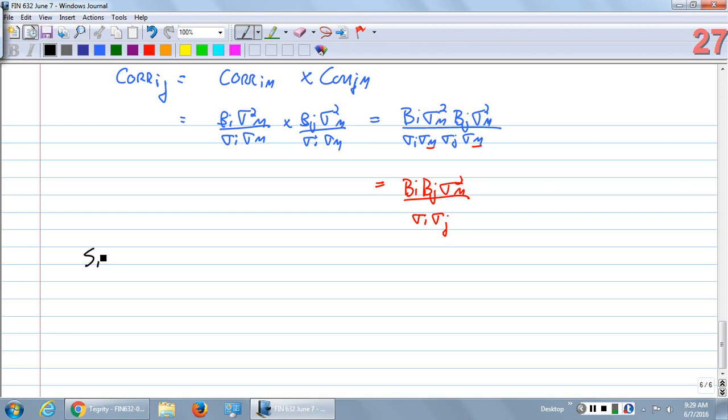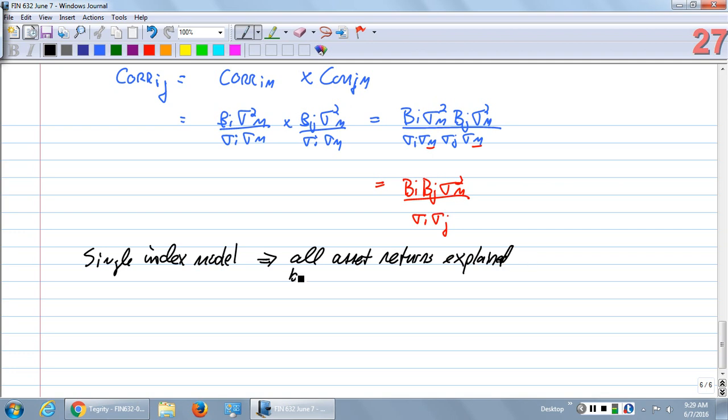So I'm going to write this down, the single index model. All asset returns are explained by the same index.